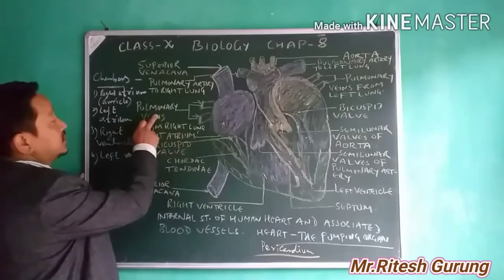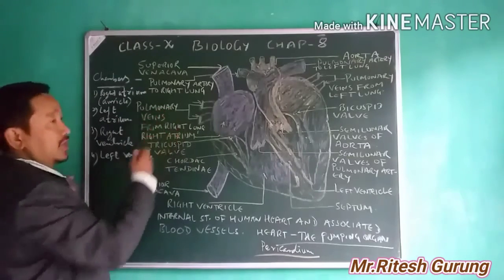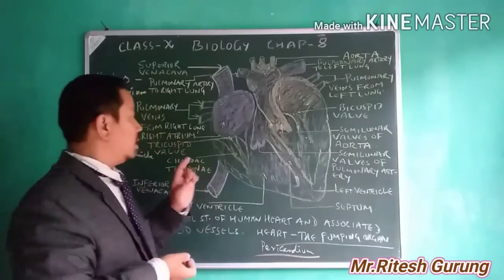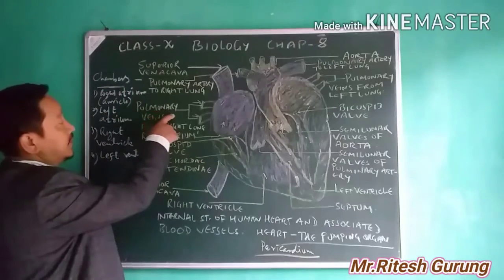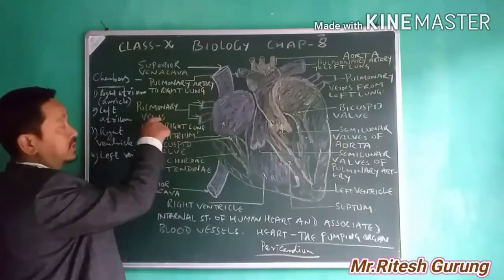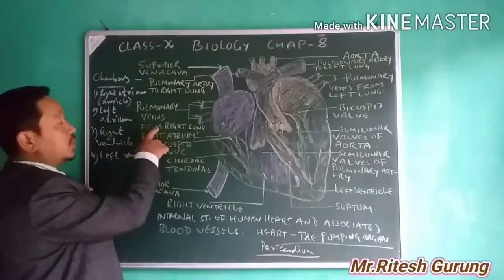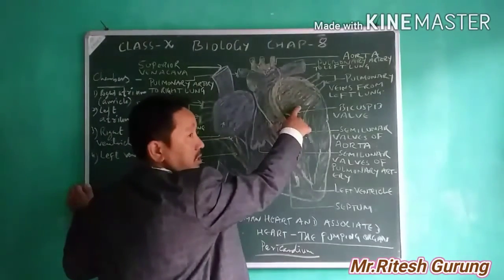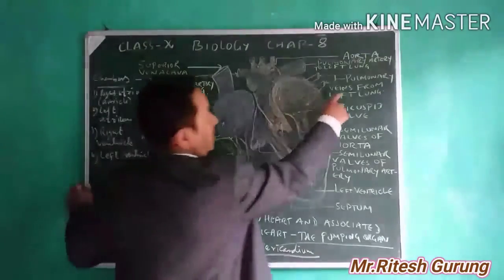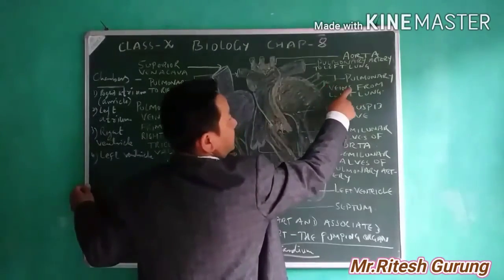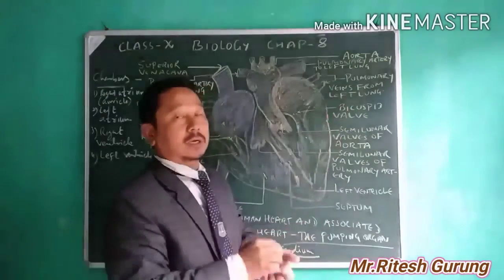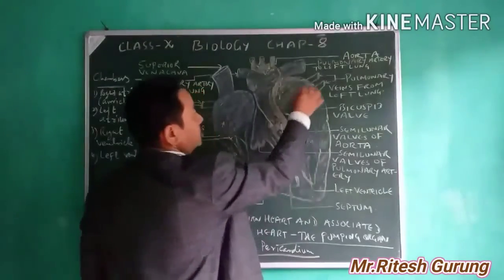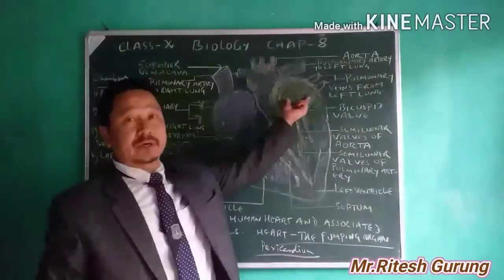Pulmonary veins from the right lung. We have got 2 lungs, so 2 sets of pulmonary veins. One pair of pulmonary veins will collect the pure blood from the right lung into the left auricle, and the pulmonary veins from the left lung also collect the pure blood and bring it into the left auricle.